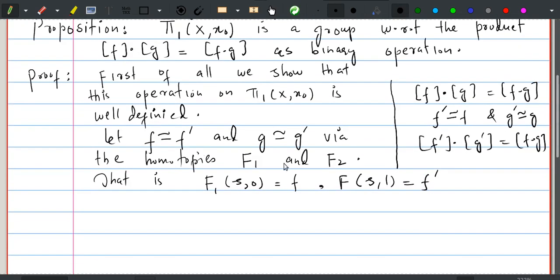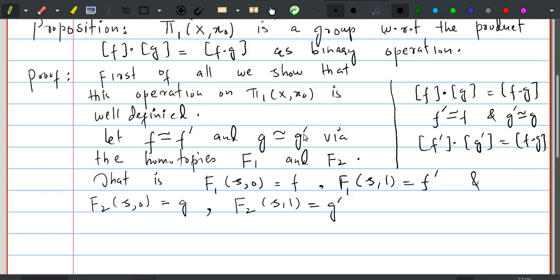Similarly, F2(s, 0) is little g, and F2(s, 1) is little g prime.